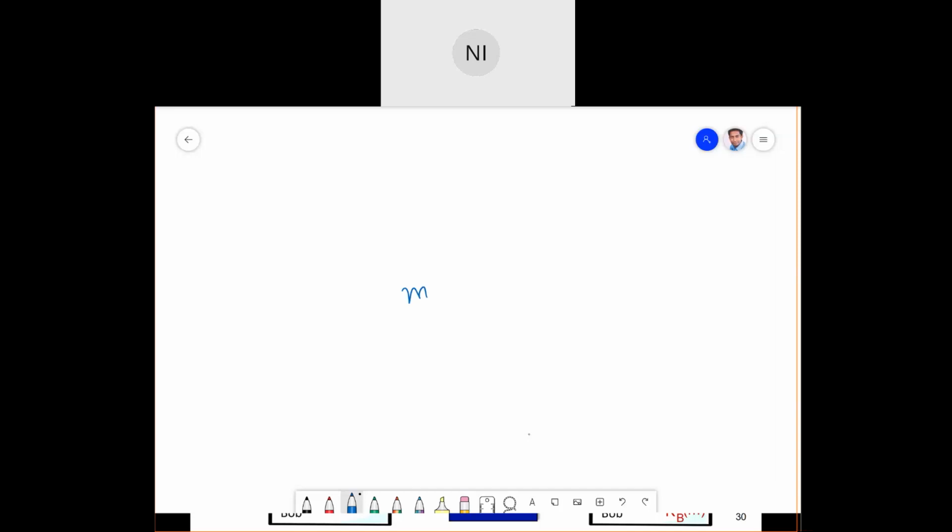If we assume that M is the plain text that Bob wants to transmit, what Bob is doing is using his private key. So this is what I mean by signing of the message here.